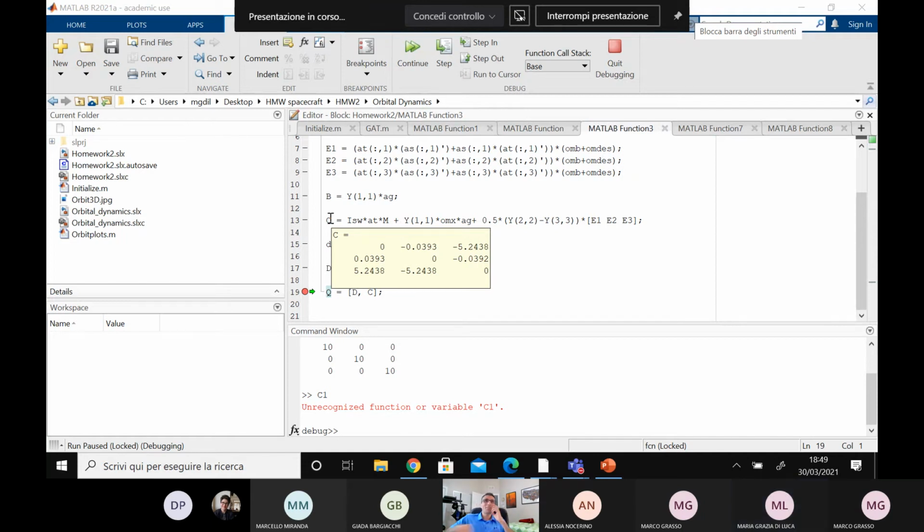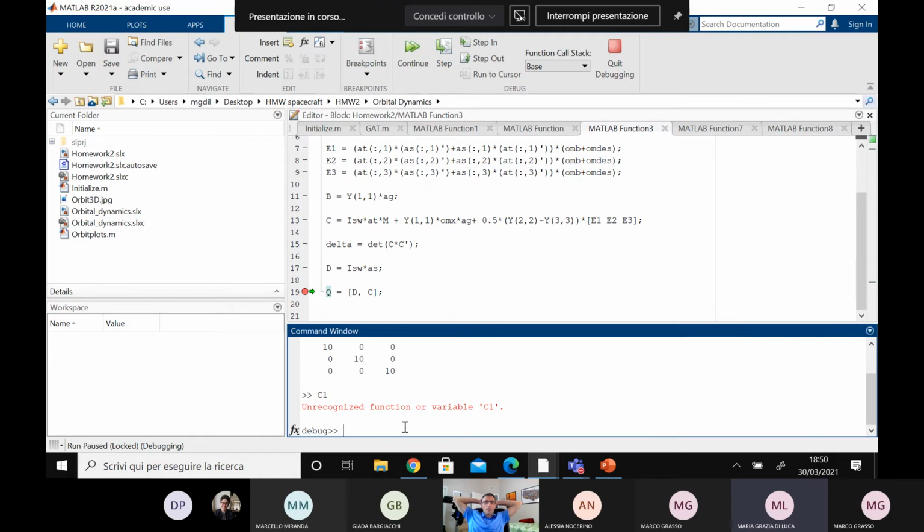That's weird. But why? I mean, C is identical, right? Is it? That's crazy. Let me actually write it in MATLAB here. So if I write C, can you do the same? Can you write C just to see the entire matrix? That's not possible.